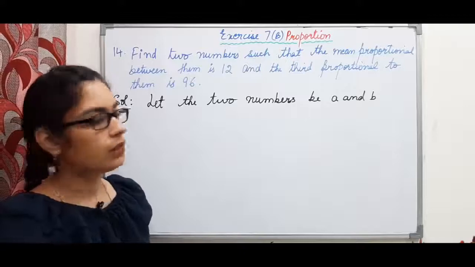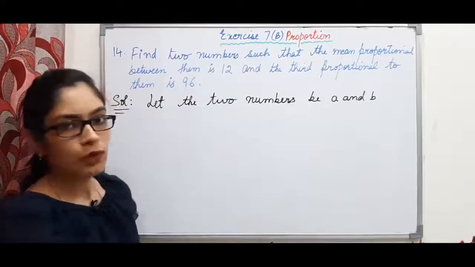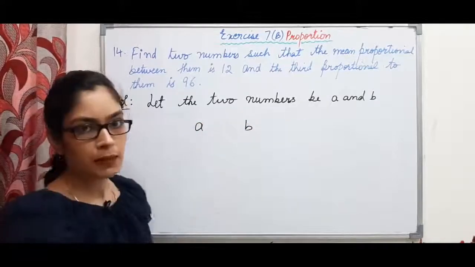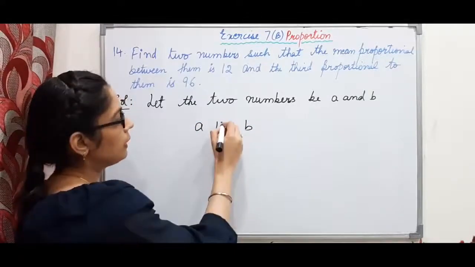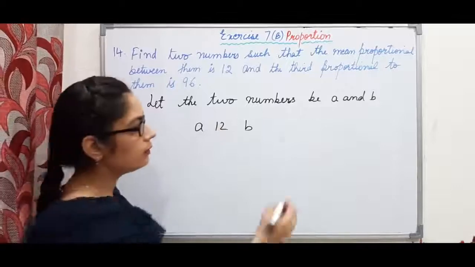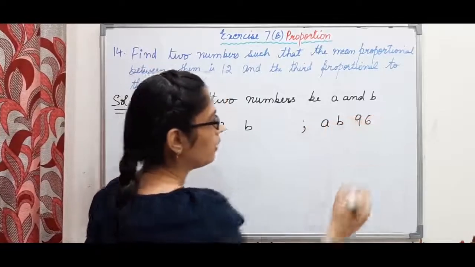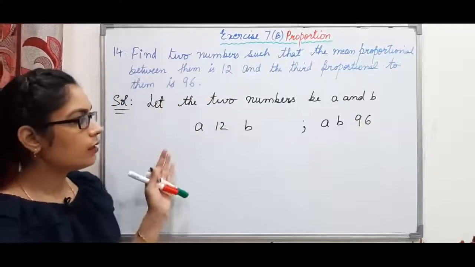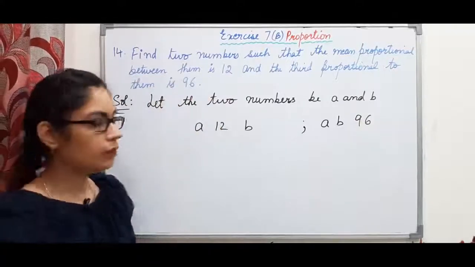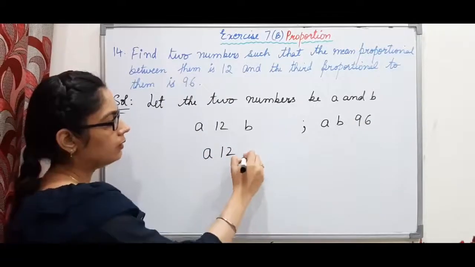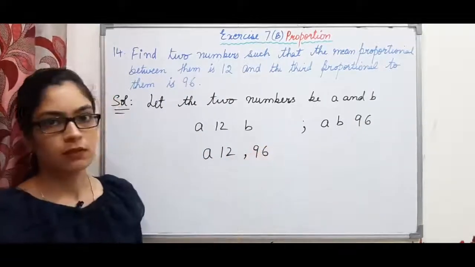The question is saying we have to find two numbers such that their mean proportional is 12, and their third proportional is 96. The common mistake is to just write that mean proportion is 12 and then third is 96. Don't do this.